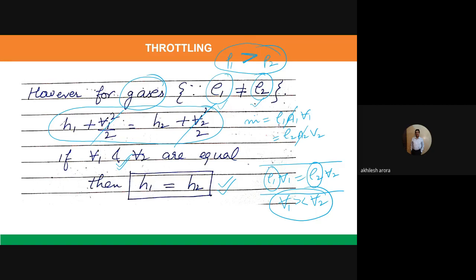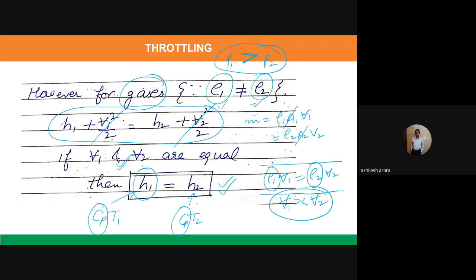Now let us try to go into more detail of this enthalpy. Now for a gas, I can always write that enthalpy H1 is given by Cp into T1. And what is the value of H2? It is equal to Cp into T2. And what is Cp? Cp is the specific heat at constant pressure.